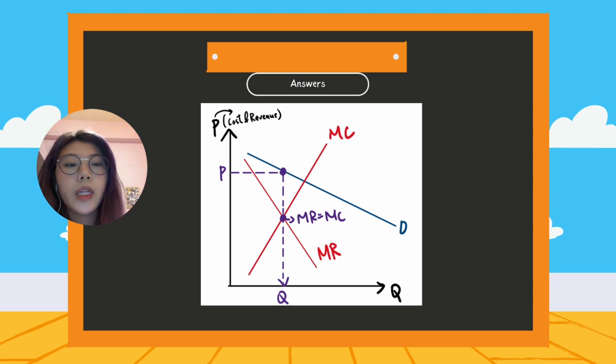So we find the meeting point of the two curves on the diagram. And here, remember the marginal cost curve is the same as the variable cost curve because total cost equals fixed cost plus variable cost. And since fixed cost is fixed, we can assume that only variable cost is affecting marginal cost. Then at this quantity, find the price on the demand curve. And that's the quantity and the price.